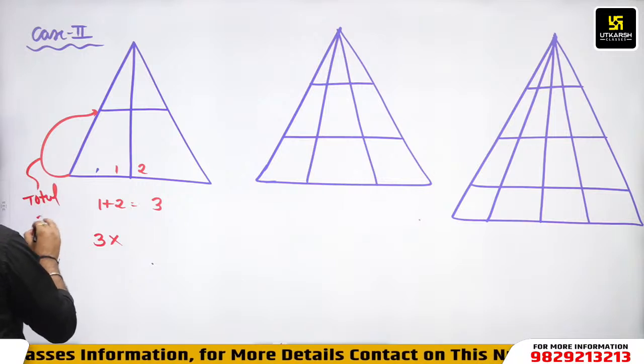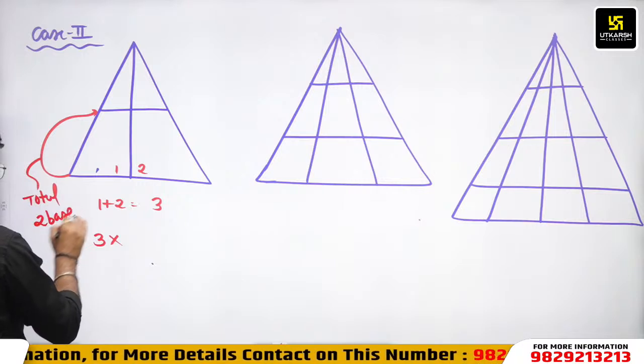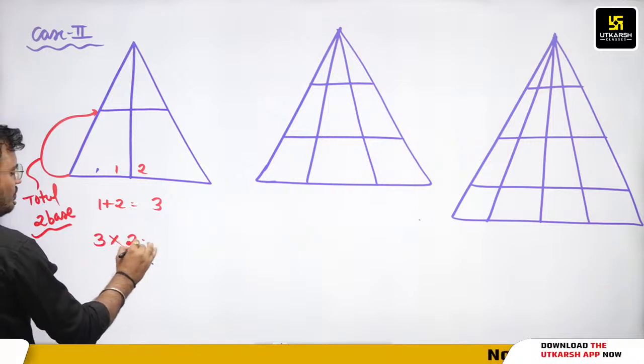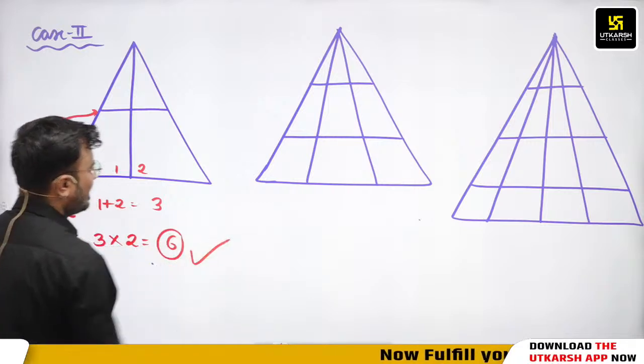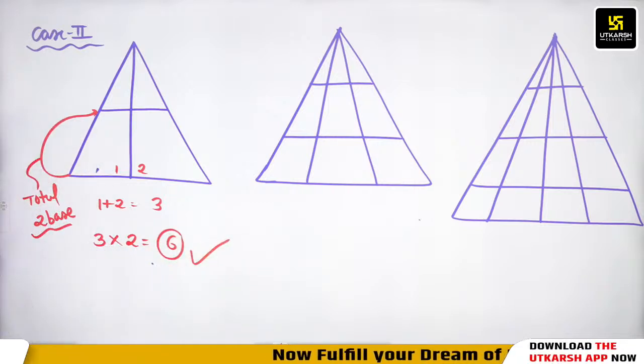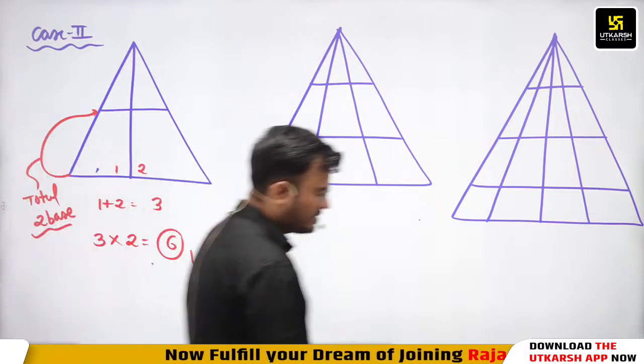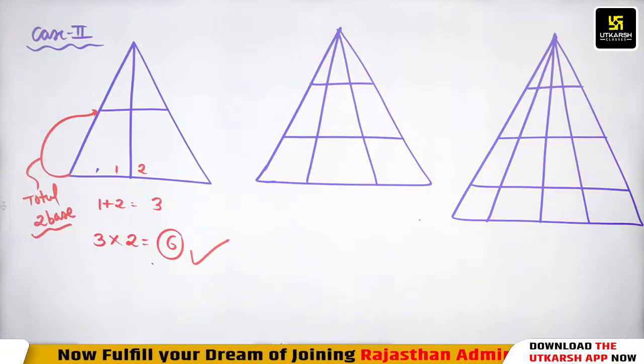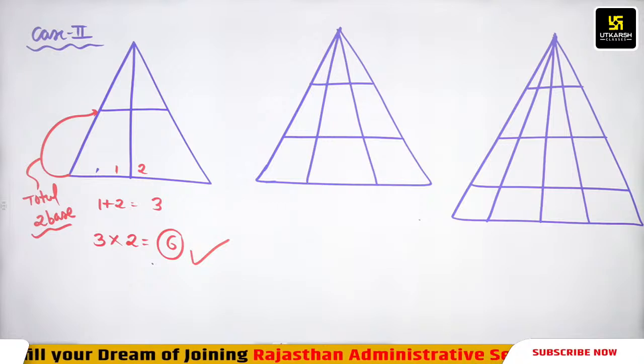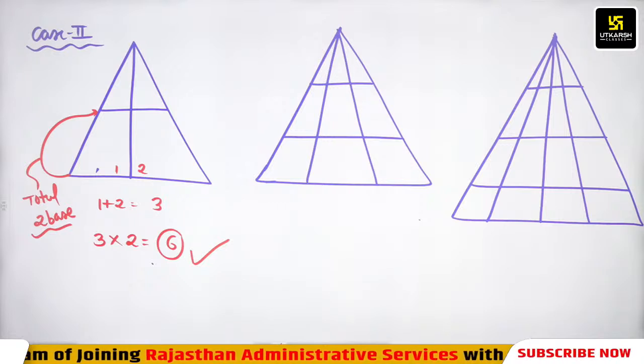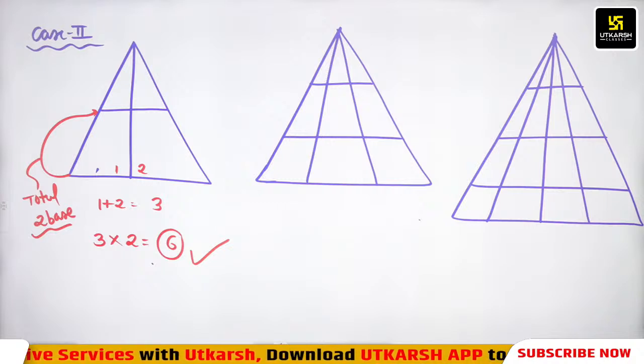Now multiply this 3 with 2, and you will get 6. So a total of 6 triangles in this figure. Yes, very good NK, a total of 6 triangles.